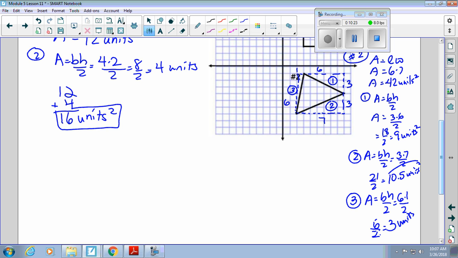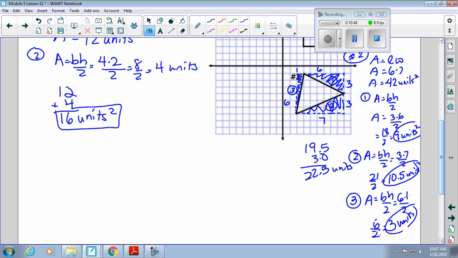Now, what do I do with these 3 shapes? Add them together. Good. So you're going to take 9 plus 10.5 is going to be 19.5, plus 3 is going to be 22.5 units. Now, that's not your answer. That is just the total area of these 3 things.